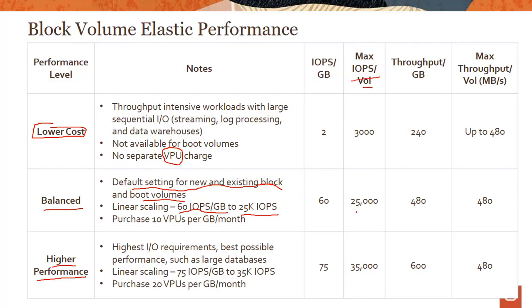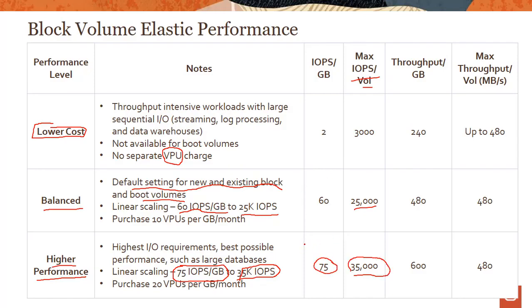If you want to go higher than that, you probably have big databases you are running and you want the best possible performance, you could go with the higher performance tier that would give you 75 IOPS per gig, all the way to 35,000 IOPS per volume. And right here, you can see some of the numbers. The maximum IOPS per volume is 35,000, IOPS per gig is 75.